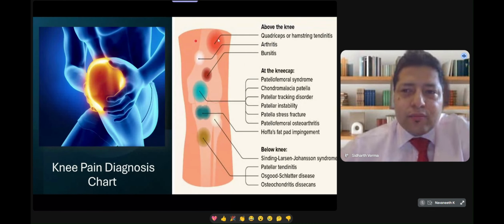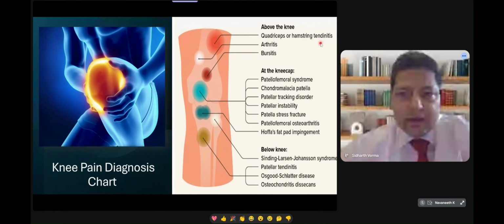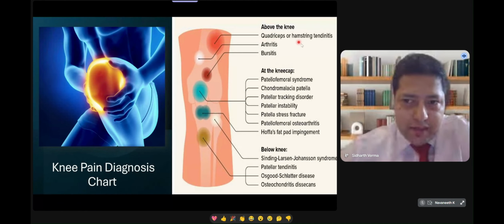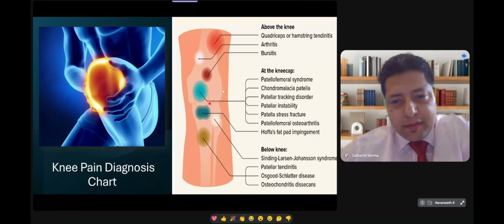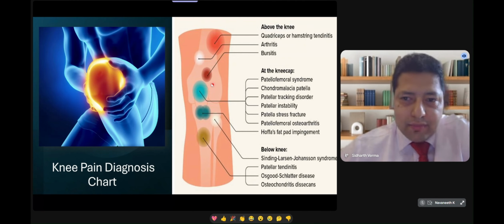If you have pain above the knee joint, that can be because of the muscles and their tendons, like the quadriceps and hamstring. If it is happening on the inner side of the knee, that can be because of arthritis. If it's on the top, it can be bursitis.